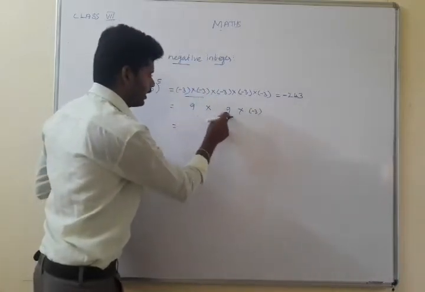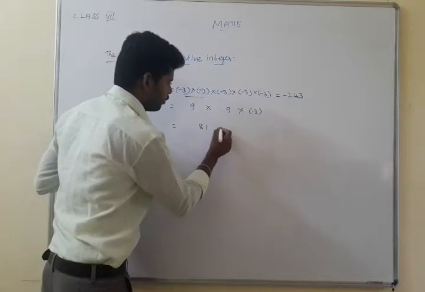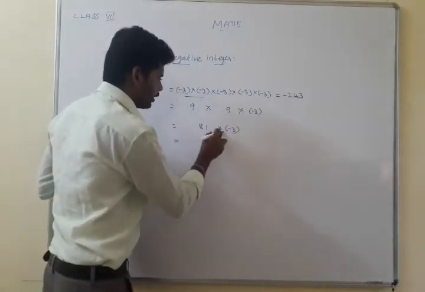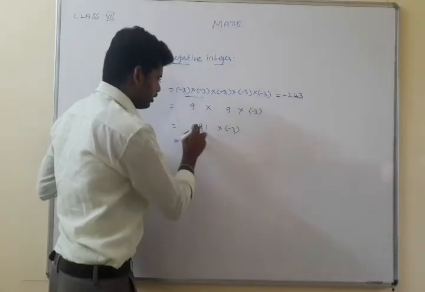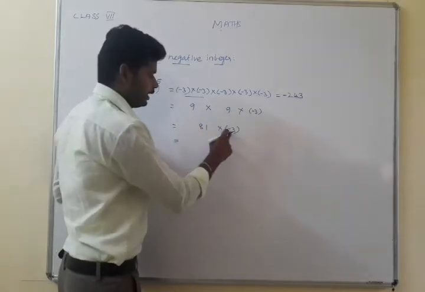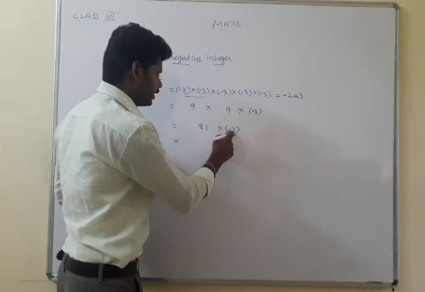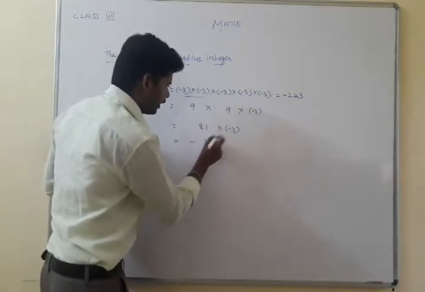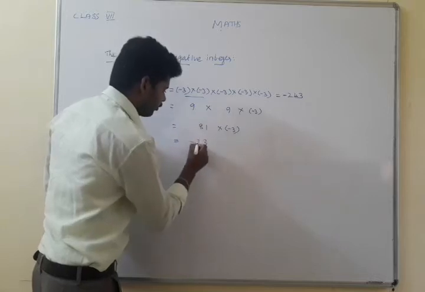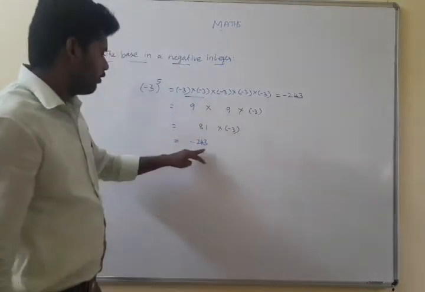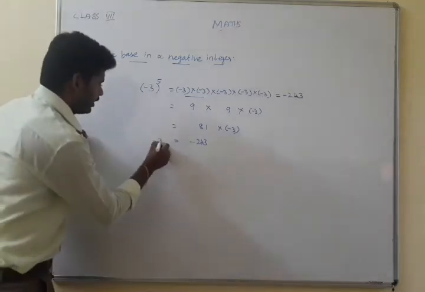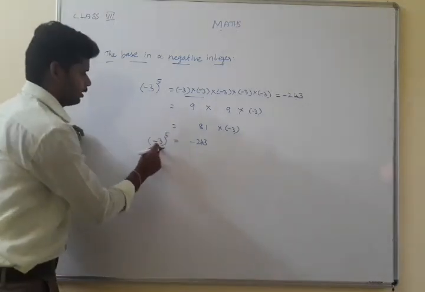So 9 into 9, 81, into minus 3. Here positive integer, there negative integer, so the result is negative. 81 times 3 is 243, so the answer is minus 243.